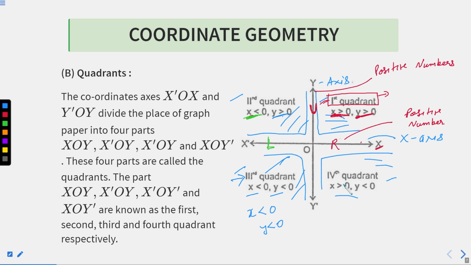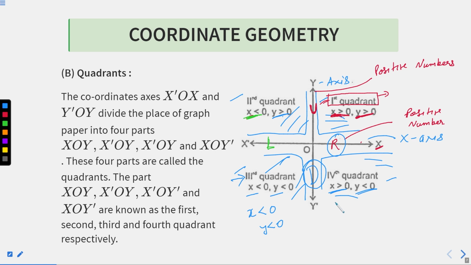Similarly, one can easily see the fourth quadrant: we are on the right side of the x-axis, meaning x is positive, and on the downward side of the y-axis, meaning y is negative. So clear? These terminologies are very important for understanding the rectangular coordinate system.